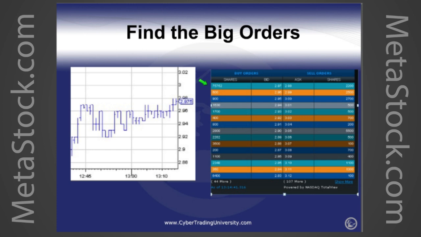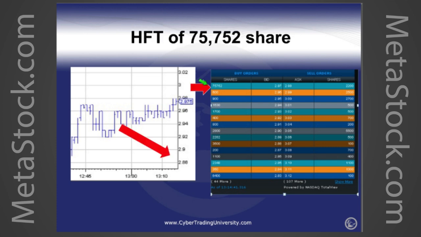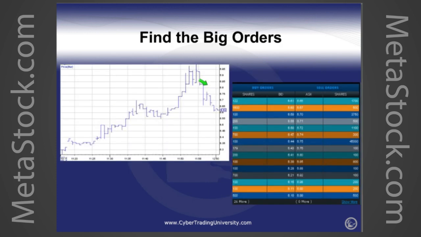But here at Cyber Trading University and here on Wall Street and the way market makers trade is, listen, support and resistance levels get broken all the time. So the thing is this. To break support and resistance levels, you need buyers and sellers. And when you look over here, I don't think that stock is hitting a resistance. I think somebody stepped in with a big block order to buy it, which means the stock's going higher.